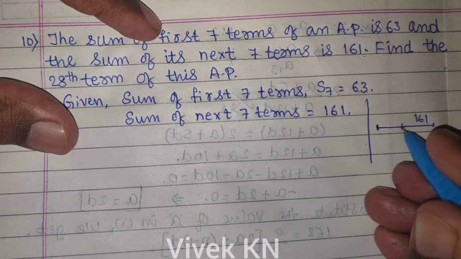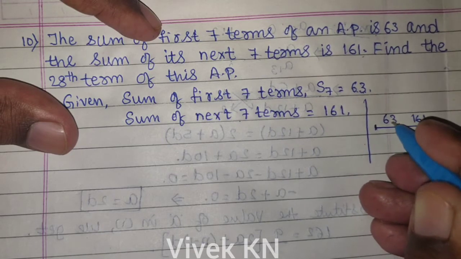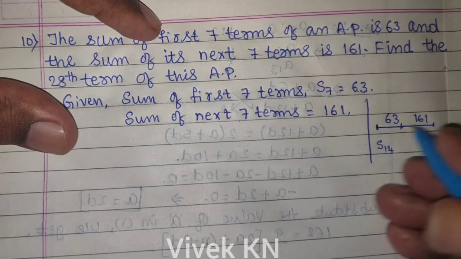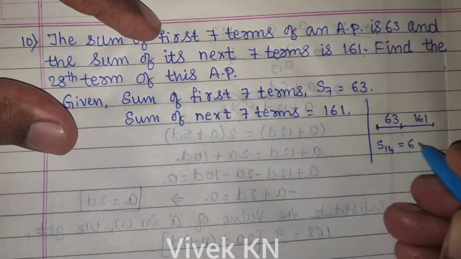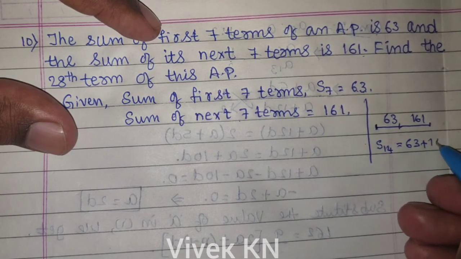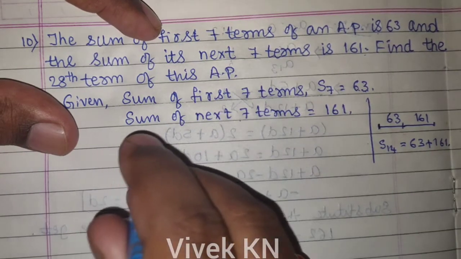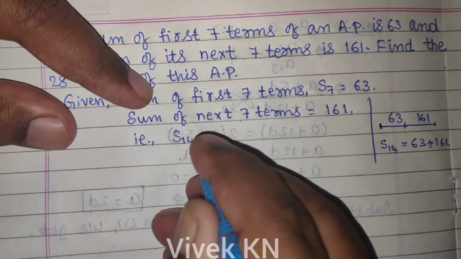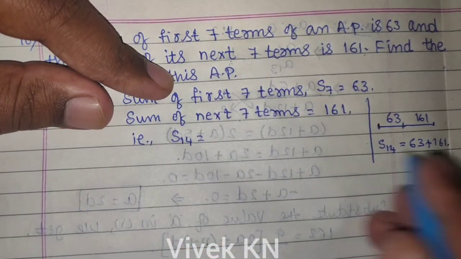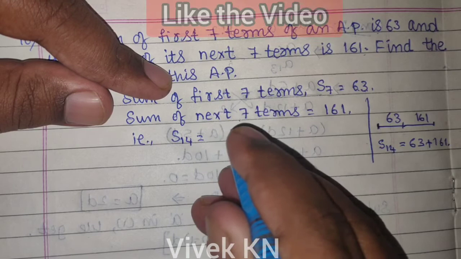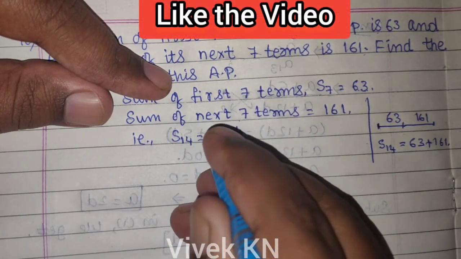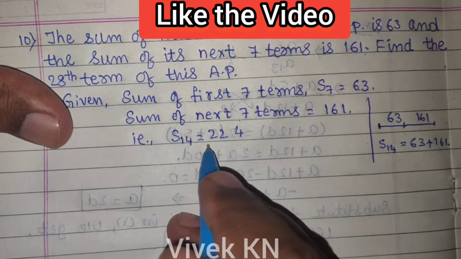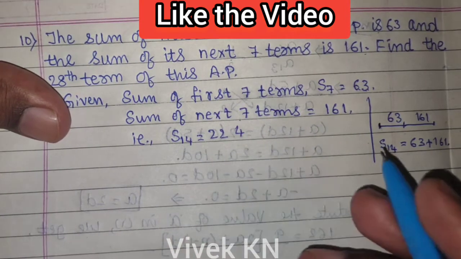Now therefore S14, the sum of the first 14 terms, is 63 plus 161. That is S14 is equal to 63 plus 161. 3 plus 1 is 4, 16 plus 6 is 22, that is S14 is equal to 224.